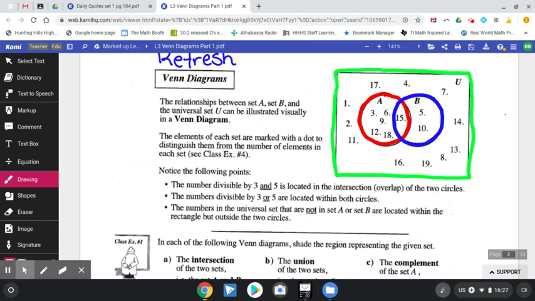And the numbers in the universal set that are not in set A or set B are located within the rectangle but outside the two circles. So these are the elements that are part of the universal set but do not belong to A or B.